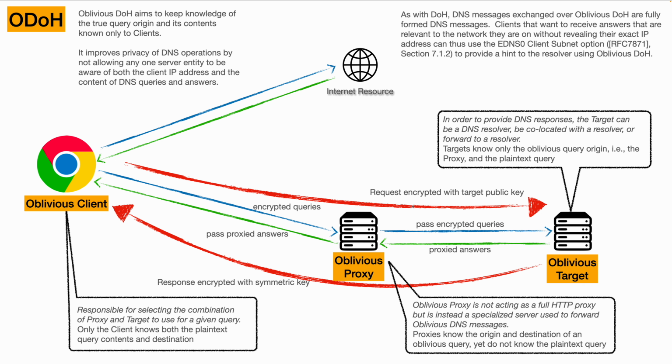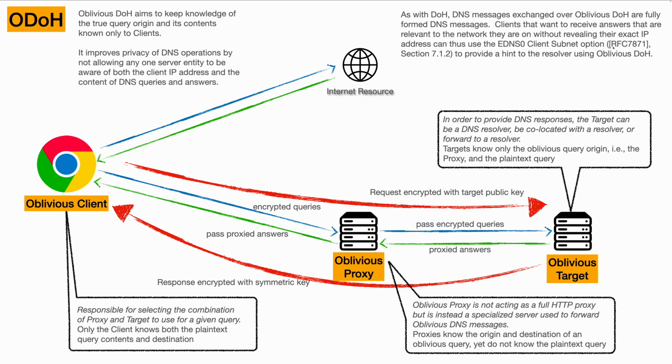But you may ask a very important question. A DNS resolver does need to know your IP address information so that it can decide your geolocation to return a tailored DNS query response, right? Then if you don't provide the IP address of the client, how can the resolver, the Oblivious target, achieve that goal? Here, I note down how it works.